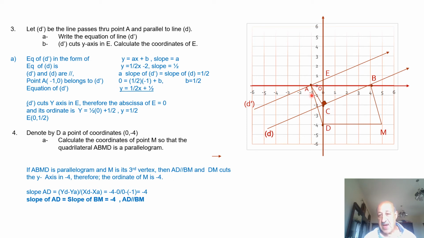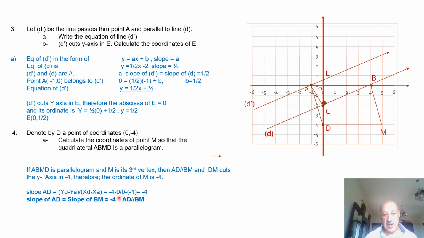Let's find the slope of the line AD. If I have 2 points, can I find the slope? Yes, it is sometimes called the director coefficient. The ordinate of this point minus the ordinate of that point over the abscissa of this point minus the abscissa of that point will give me the slope of AD.